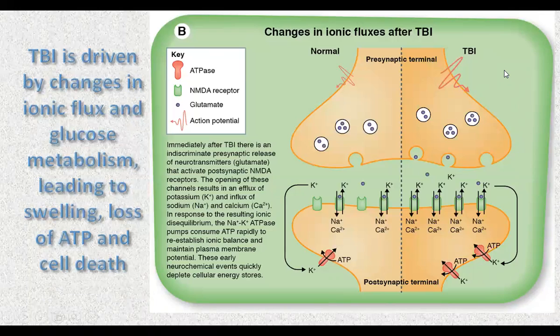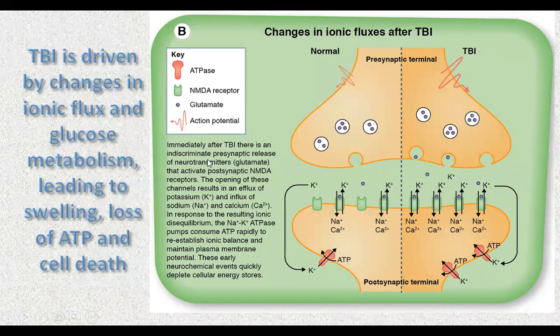So there's a physical trauma that occurs in a traumatic brain injury, but there's also a physiological trauma, which is one of the fundamental causes of the actual damage to the neural tissue. And this mechanism of damage is the same as the mechanism of neuronal damage that occurs in things like stroke.